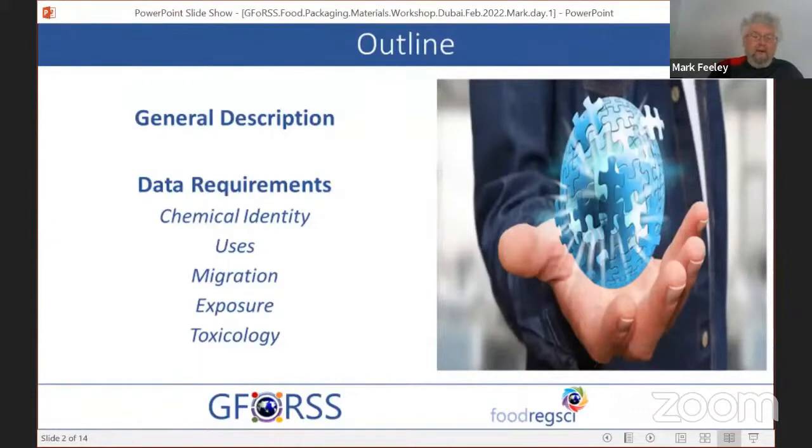There's migration data that's expected from the use of packaging material. This migration data, as has been previously described, is typically used to develop some estimated exposure for the consumer. And then finally, last but not least, there are toxicology data requirements that are combined with the exposure data in terms of developing acceptability.